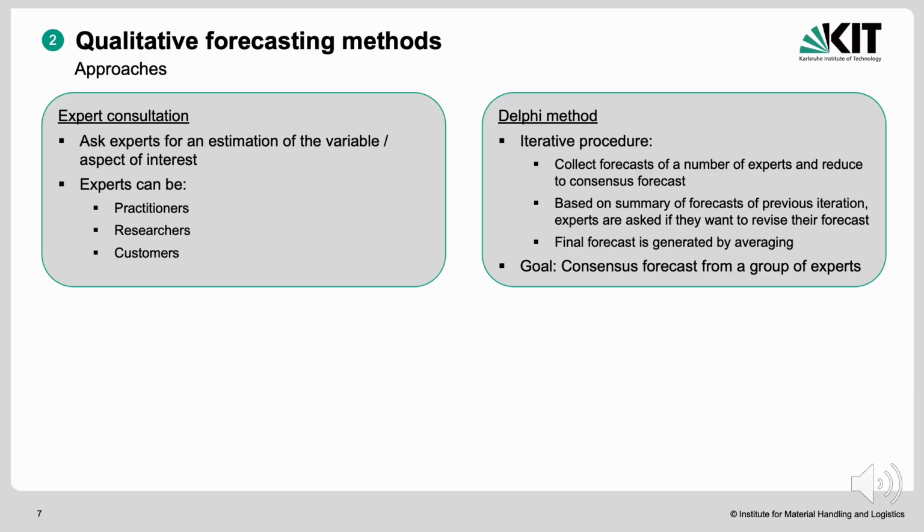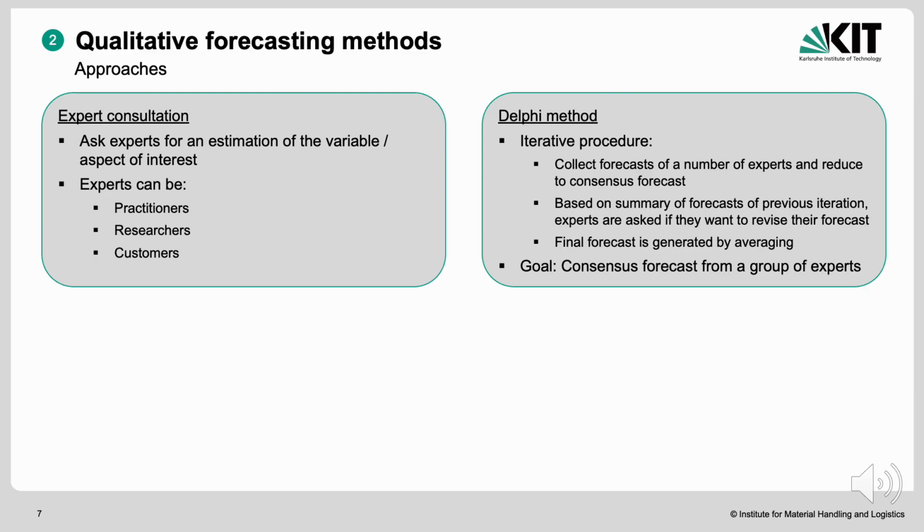What is the most frequently mentioned number? What is the median? What is an average forecast? And after we have computed that, we give this forecast to the experts who have been interviewed before and ask them if they want to revise their forecast.